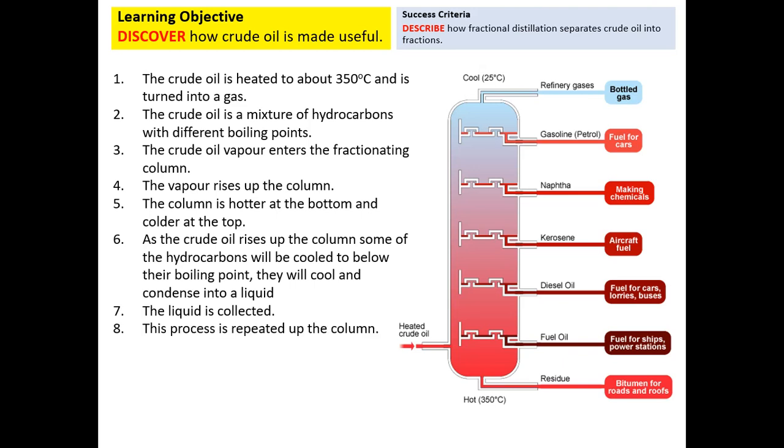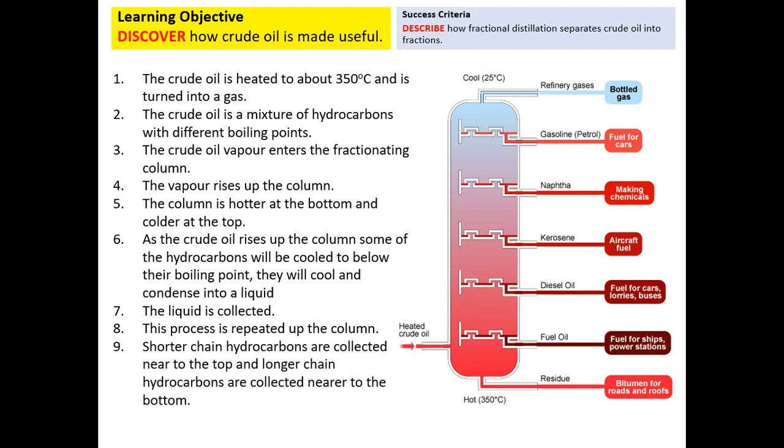The gas continues to rise until it turns cold enough to turn another fraction from the gas into a liquid, which is then collected off to the side of the column. So as you go up, shorter chain hydrocarbons are condensing because they have a much lower boiling point than the longer chain hydrocarbons at the bottom.